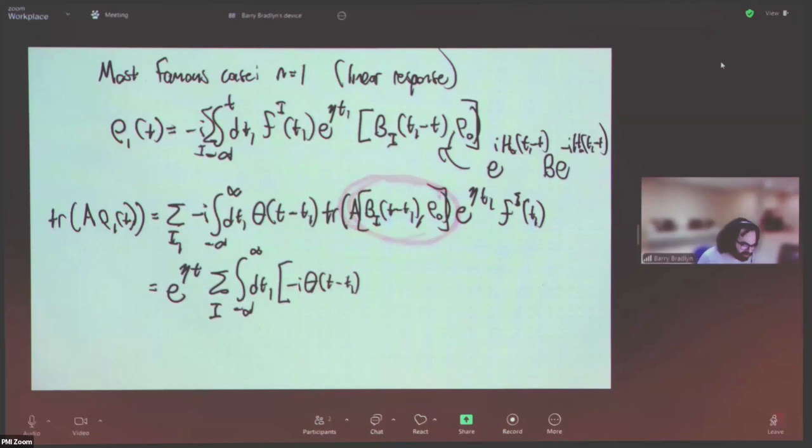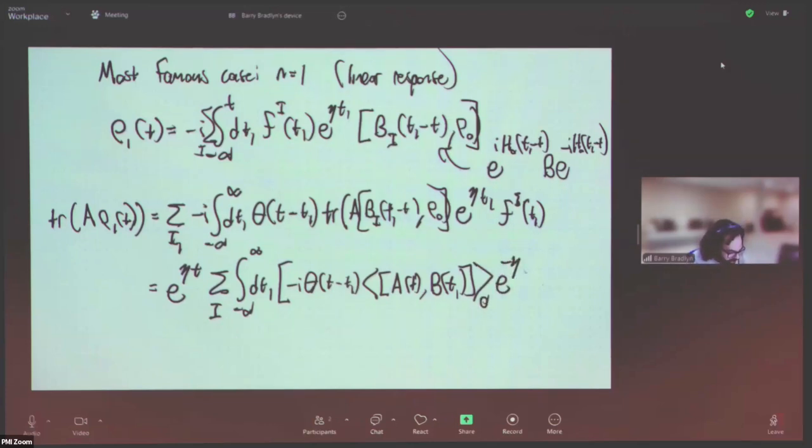If we shuffle around the arguments of the trace, we can get this to be the trace of a commutator times rho naught, which is an unperturbed average of A evaluated at time t, B evaluated at time t1, average evaluated with respect to rho naught, e to the minus eta t minus t1 times phi of t1.